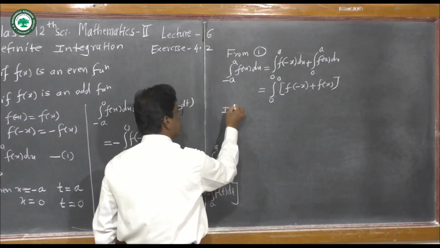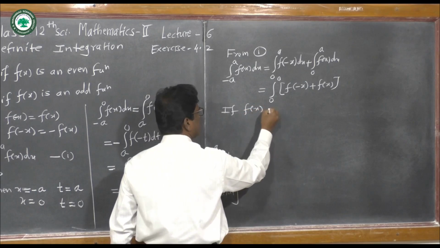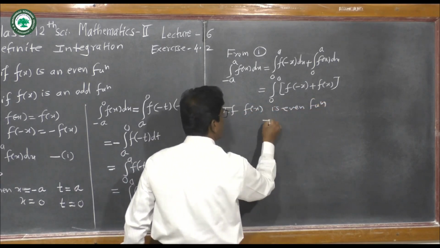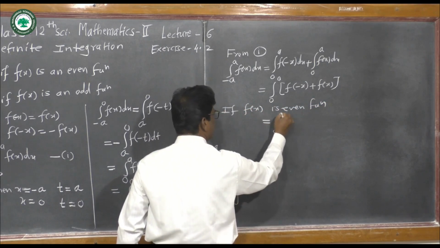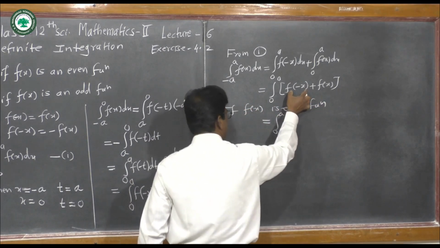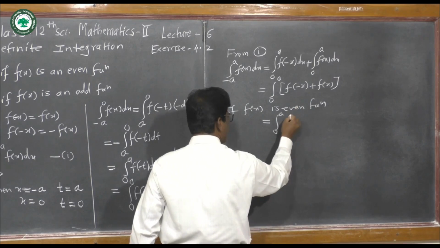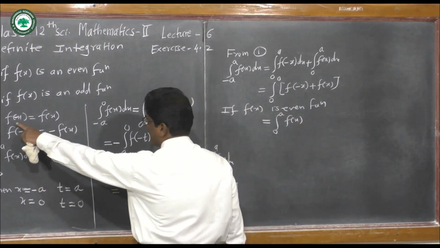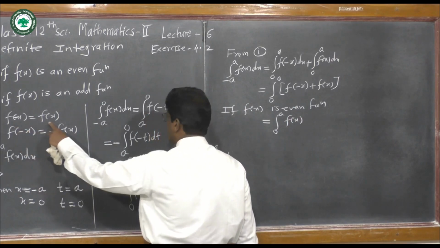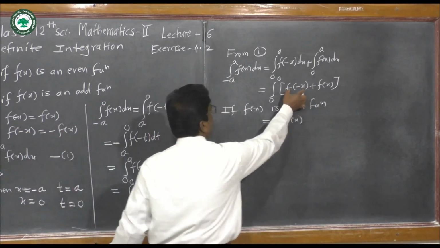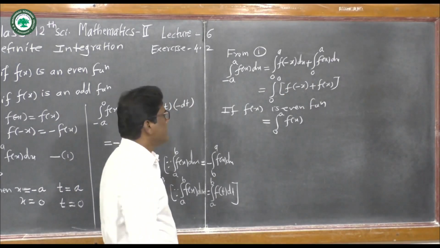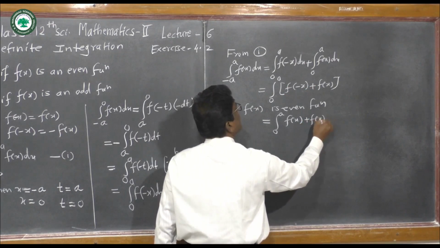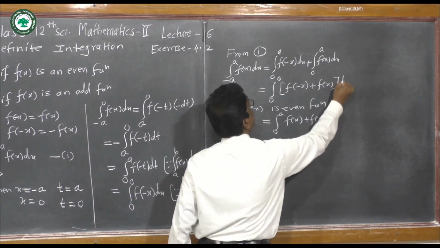Now if f of x is an even function, it is equal to integration from 0 to a, we replace this f of minus x by f of x, because f of x is an even function, and we know that if f of x is even we get f of minus x is equal to f of x. So replace f of minus x by f of x and plus this f of x as it is, and here also write dx.